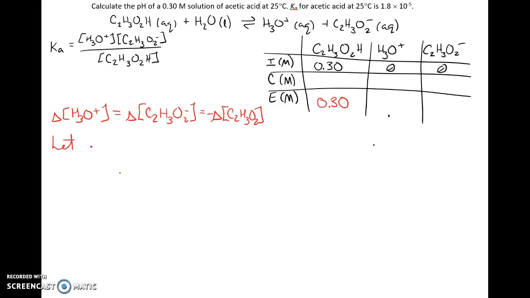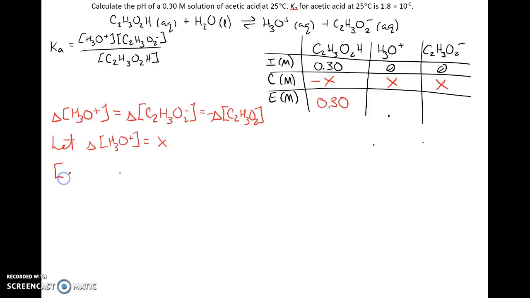Let delta H3O+ equal X. If we do that, we can fill that in the box, then we can say that the change in acetate ions will also be X, and the change in concentration of acetic acid will be negative X.